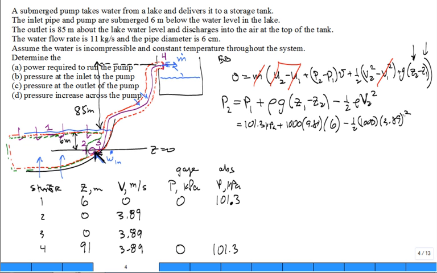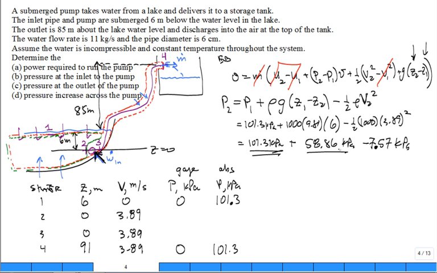And what we pick up is that it's 101.3 kilopascal plus 8.86 kilopascal minus 7.57 kilopascal. So this is atmospheric pressure at the surface.